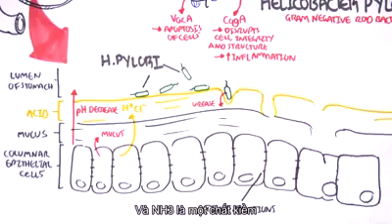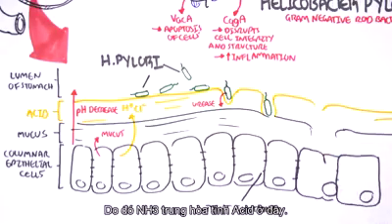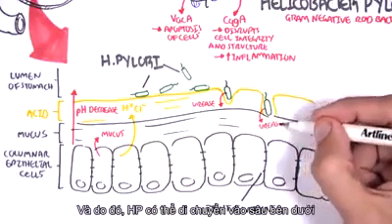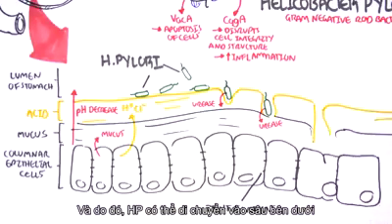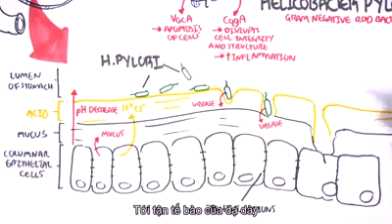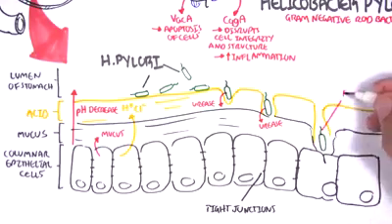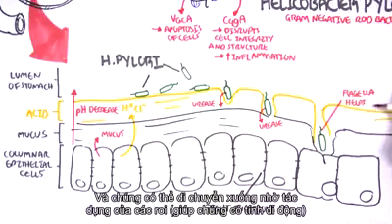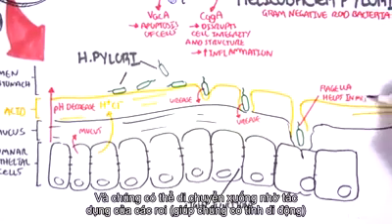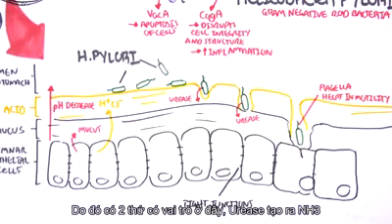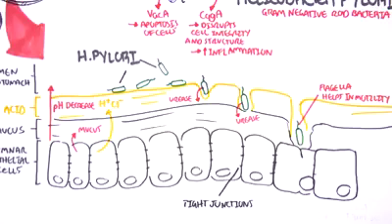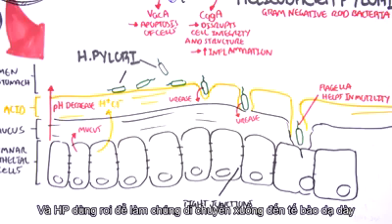And ammonia is alkaline, so it neutralizes the acidity there, and therefore the H. pylori is able to move down towards the cells of the stomach. And it can move down with the help of its flagella, which helps in motility. So two things it's doing: it is using its enzyme urease to make ammonia, which neutralizes the acidity, and the H. pylori is using the flagella to help it in moving down towards the stomach cells.